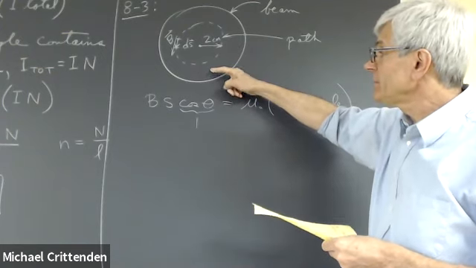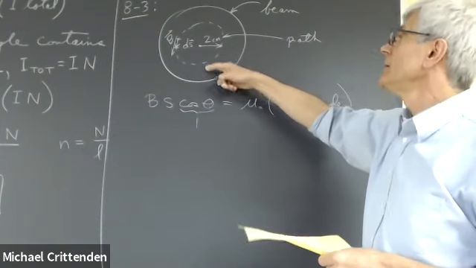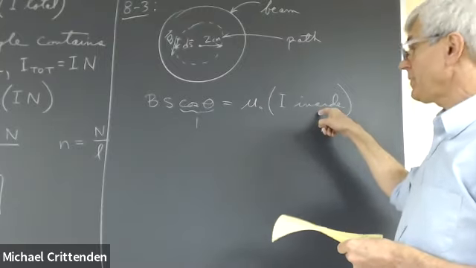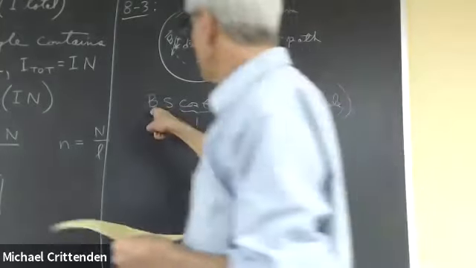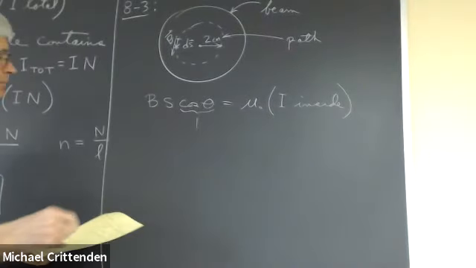All of those ions that are flowing along out here, they don't count. It's the current inside the path that's proportional to the field along the path.